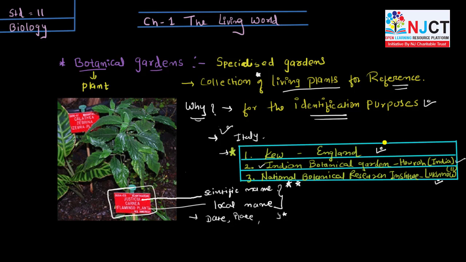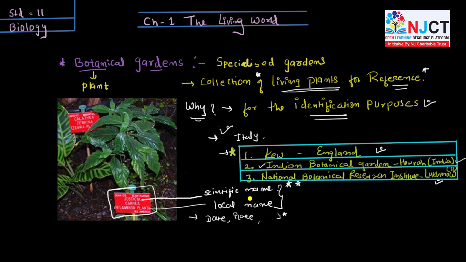In this whole topic, what you have to remember for exam purposes is, what are botanical gardens? A collection of living plants for reference. This is an important thing: living plants. Then, why are you doing this? For the identification purpose and for future help. Secondly, what is written on the label?